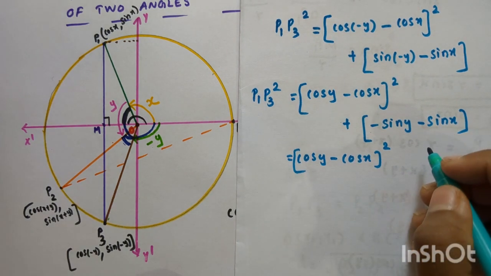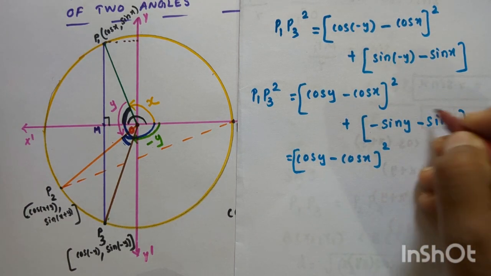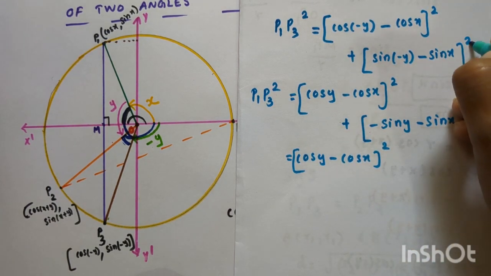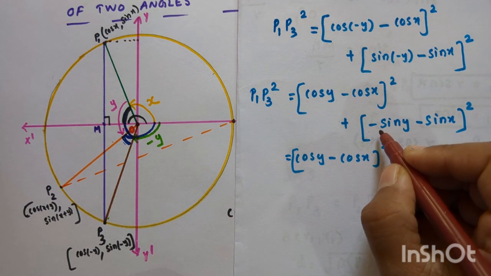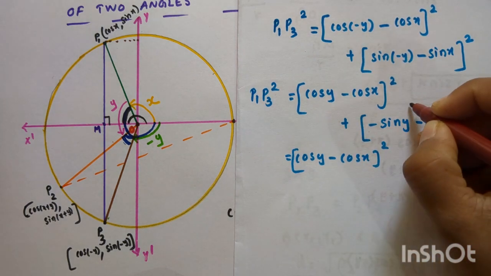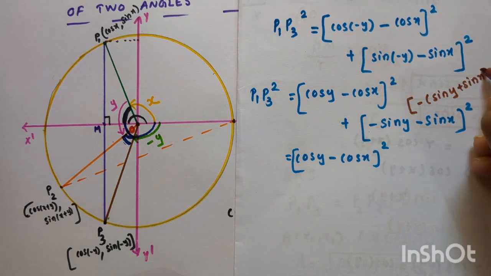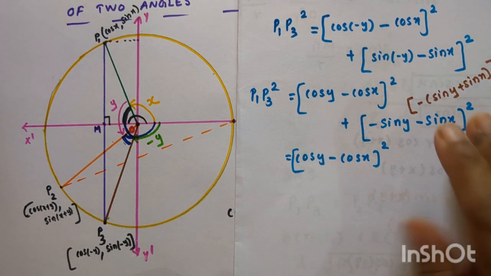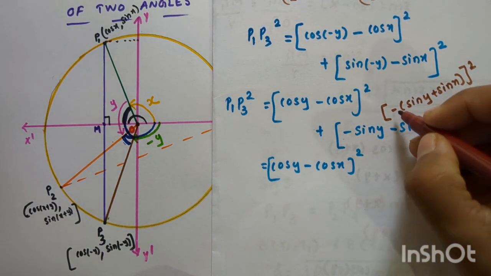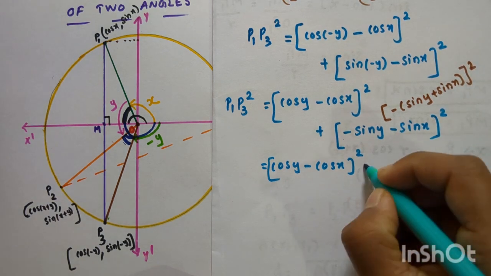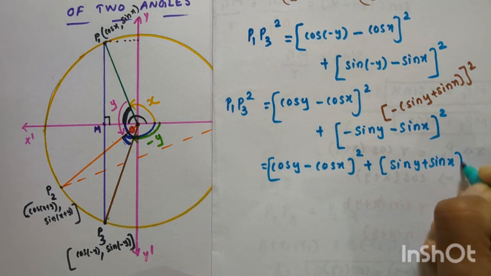Then I'm going to take this negative sign outside of the second term, since the second term is also squared. It will be minus of sin y plus sin x whole square. Minus square will be plus, so the rest is sin y plus sin x all square.